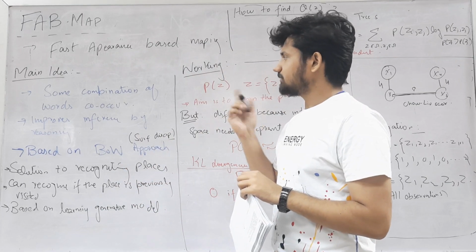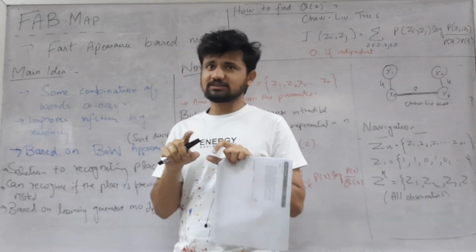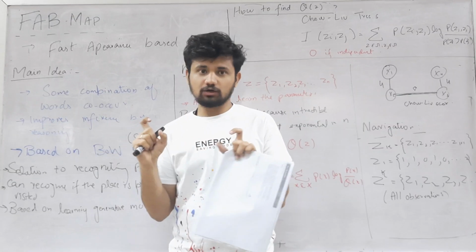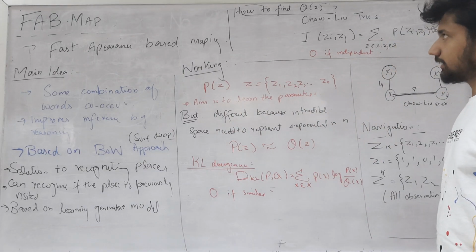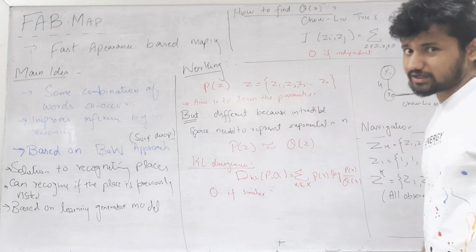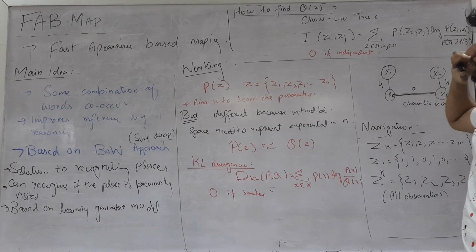And what is the main idea? Okay, so the main idea is that some combinations of words co-occur. Talking about this board, if you detect features in this particular frame that you are currently seeing, obviously you will detect a corner here.